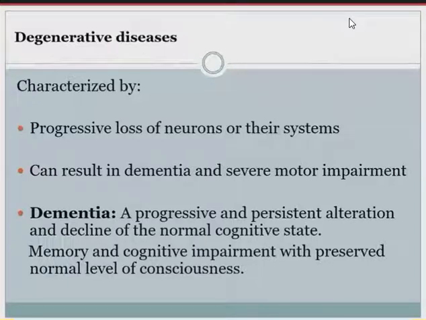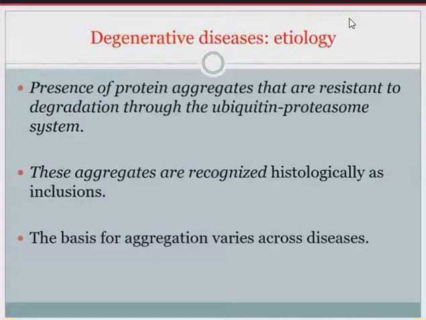As for disease etiology, there are many degenerative diseases that are classified. Today we'll be focusing on Alzheimer's. One of the etiologies for degenerative disease is the presence of protein aggregates that are resistant to degradation through the ubiquitin proteasome system.